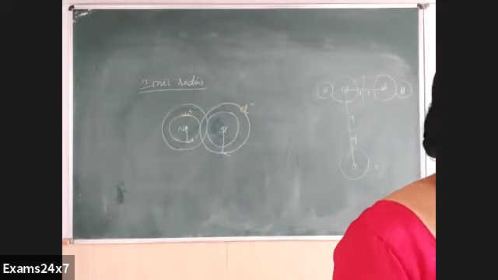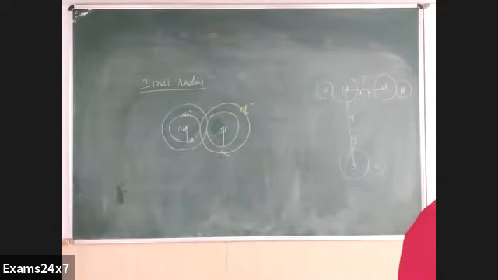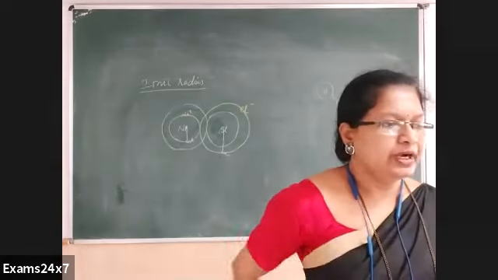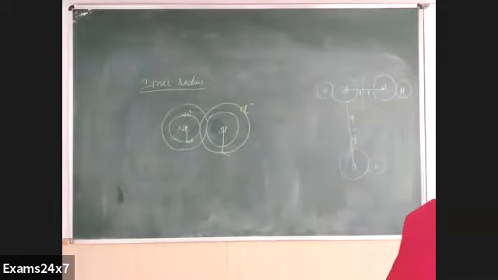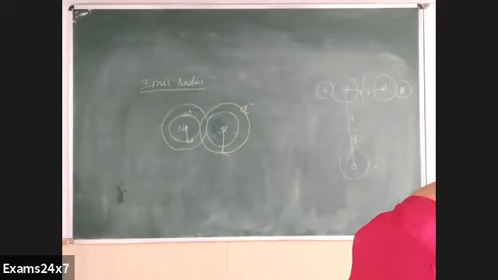Van der Waals radius is greater than metallic radius, greater than covalent radius. On this, a question may come where they give you the values of different radii, or they may ask for a given molecule which radius is longest.